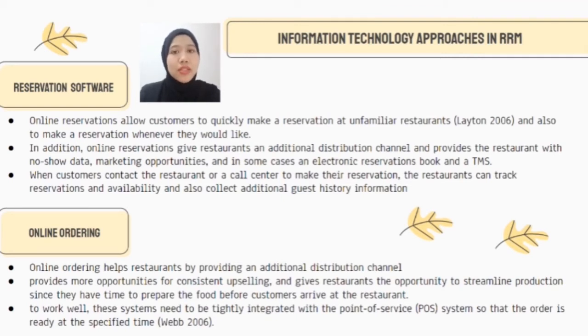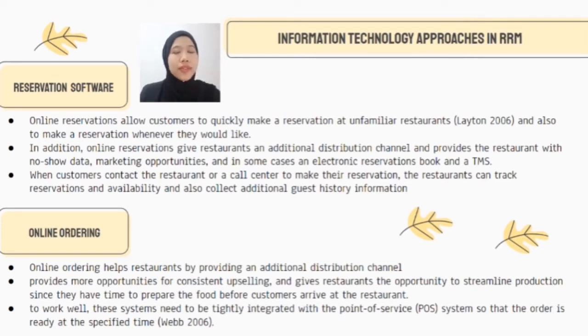So the first one is reservation software. Online reservation allow customers to quickly make a reservation at the unfamiliar restaurants, and they can make the reservation whenever they would like to. And in addition, this online reservation give restaurants an additional distribution channel and provide restaurants with no show data, marketing opportunity, and in some cases, an electronic reservation book and the table management system.